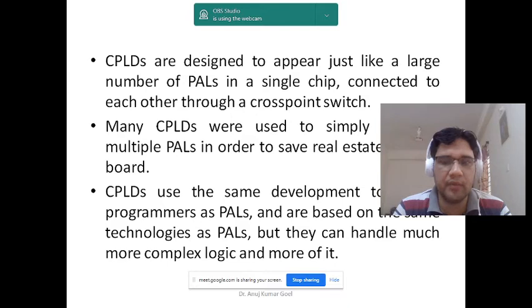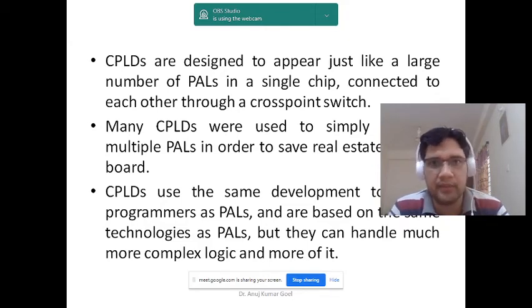CPLDs use the same development tools and programmers as PALs. Because CPLD consists of function blocks, and functional blocks in themselves consist of different PALs, they also use the same development tools and same programming languages as used in the PALs. In PALs there are different languages that I told you in the previous lecture.